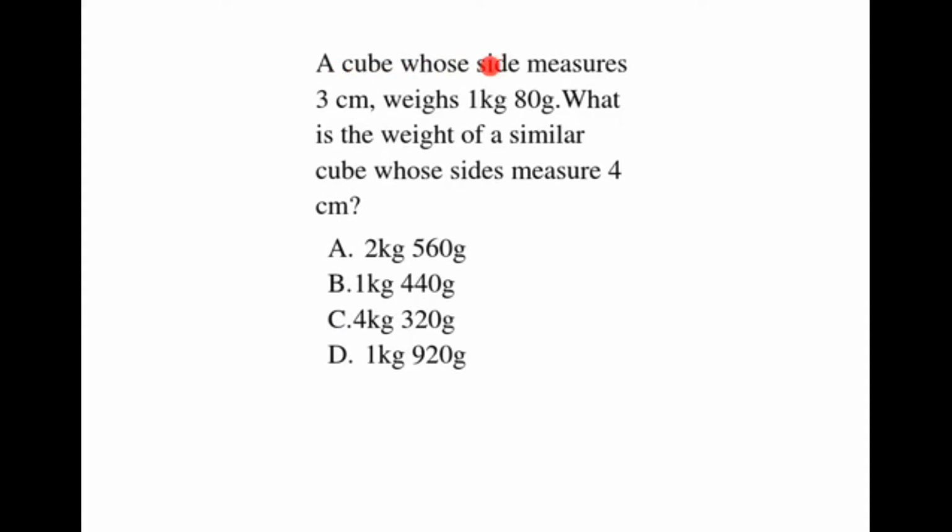A cube whose side measures 3 centimeters weighs 1 kilogram 80 grams. What is the weight of a similar cube whose side measures 4 centimeters? First, let us have a sketch of this cube.